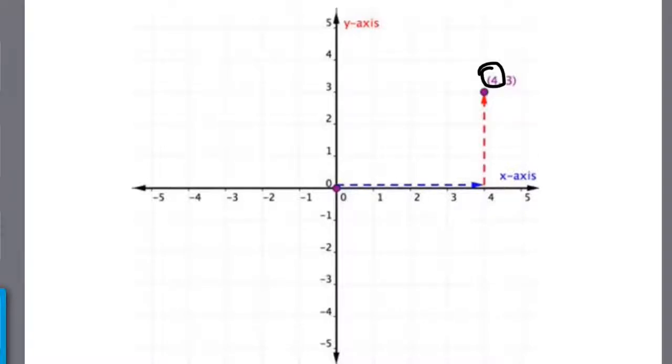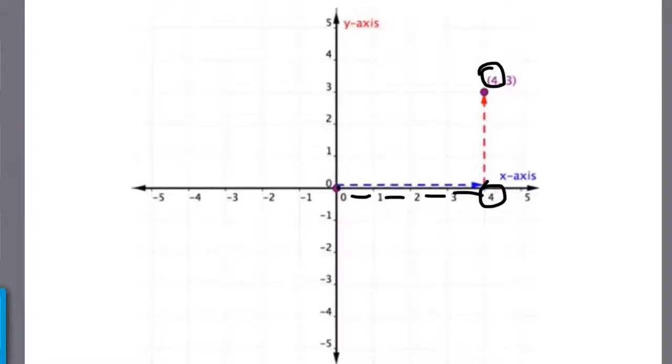So you are going to go to that point on your x-axis. If I start at 0, I have to go over to the number 4 before I am underneath the point. That 4 is your x value. It is the first number in your ordered pair.